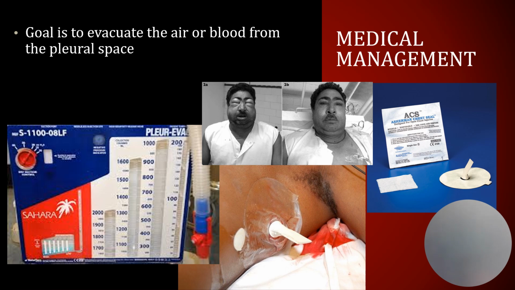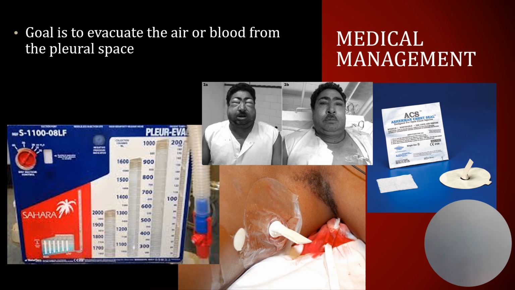Serial chest x-rays will be done to monitor lung reinflation. You have to keep that drainage system upright and lower than the insertion site. And I've placed a picture of that on the left side of your screen. We need to keep chest tube clamps in the room in the event of a leak.